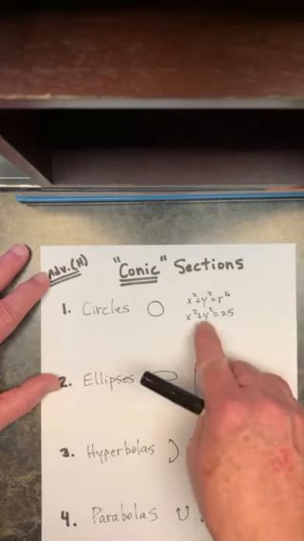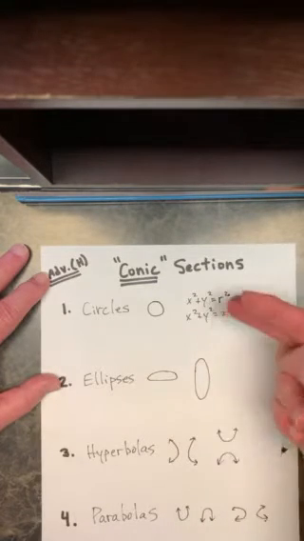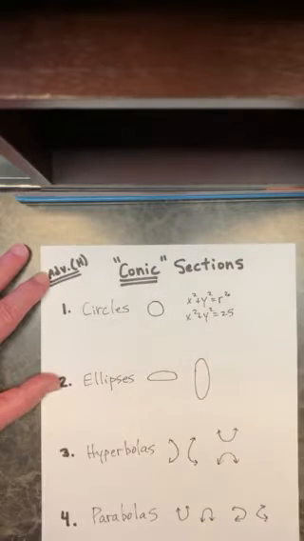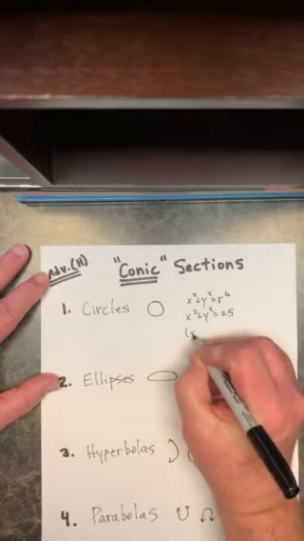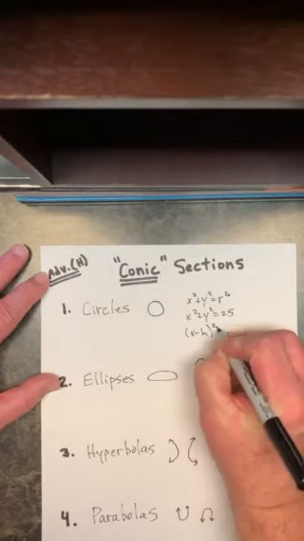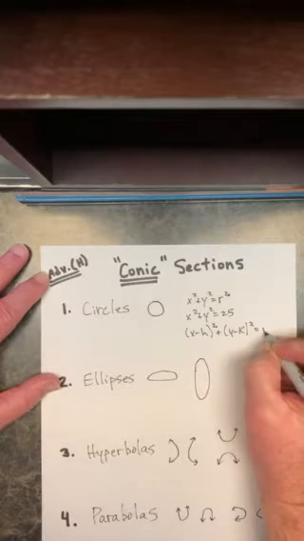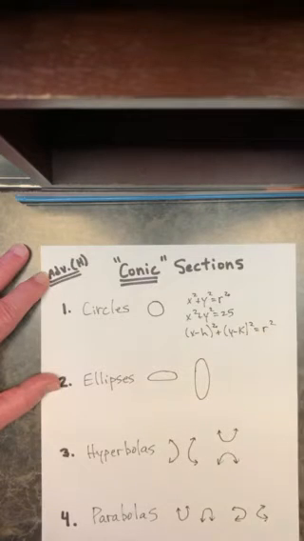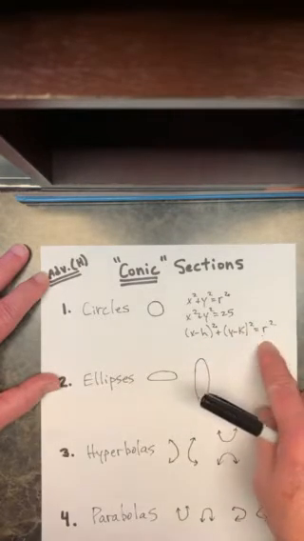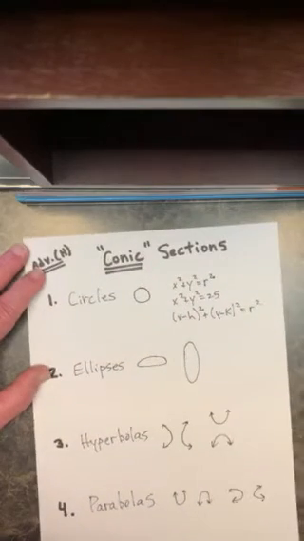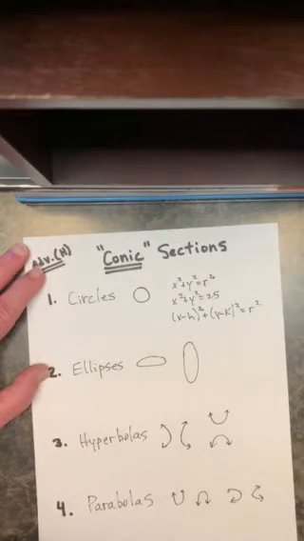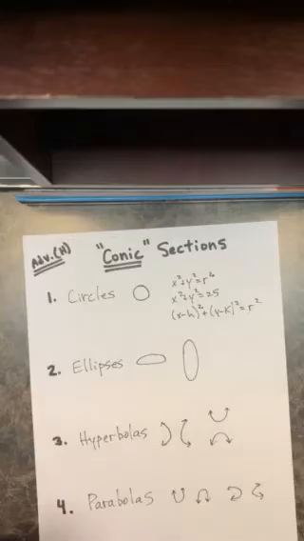And if you ever need the center to be somewhere else besides 0, 0, the book would say the standard equation is (x minus h) squared plus (y minus k) squared equals r squared, and would look something like that. I'll delve into more details as we do some problems today. All right, general overview of conic sections right there.